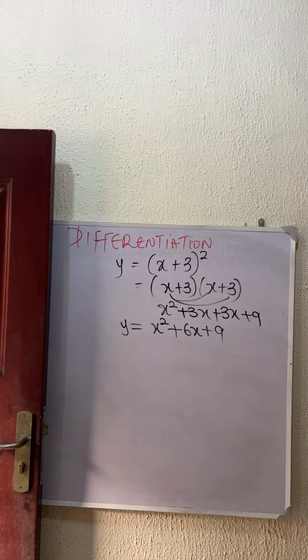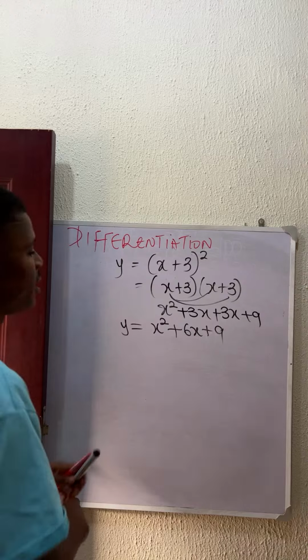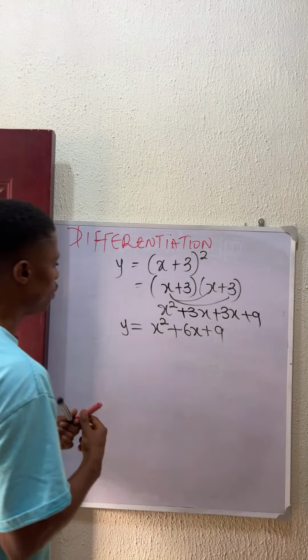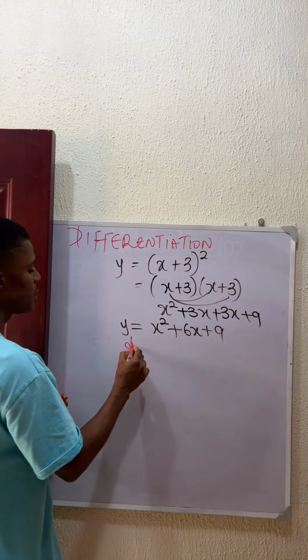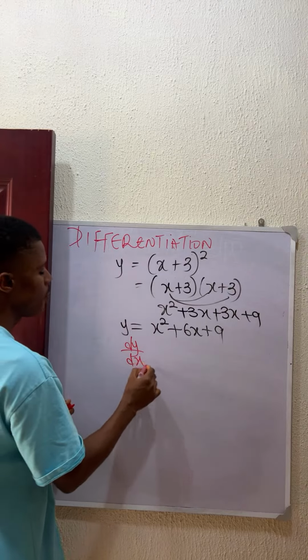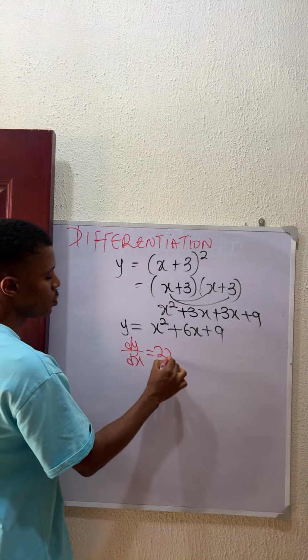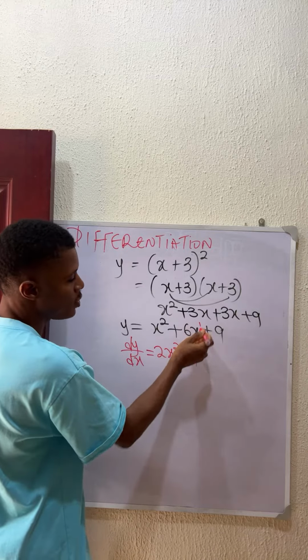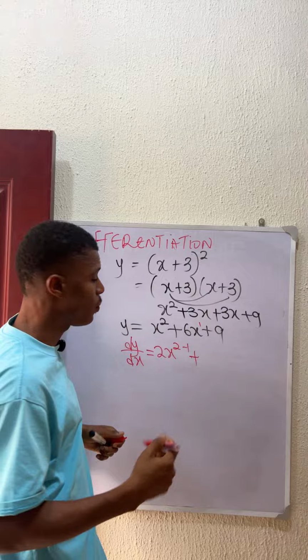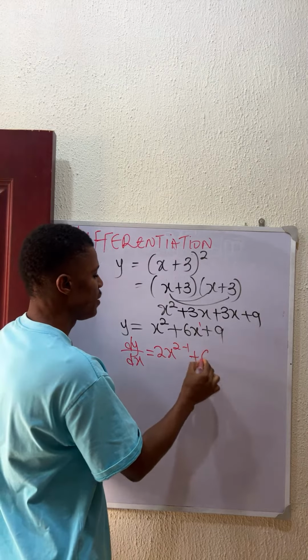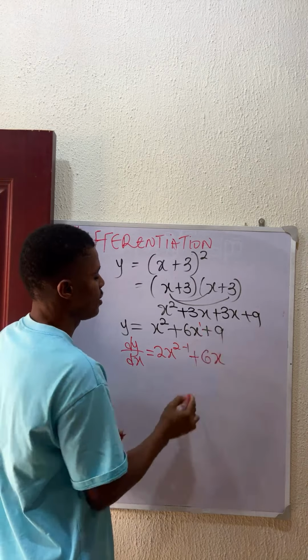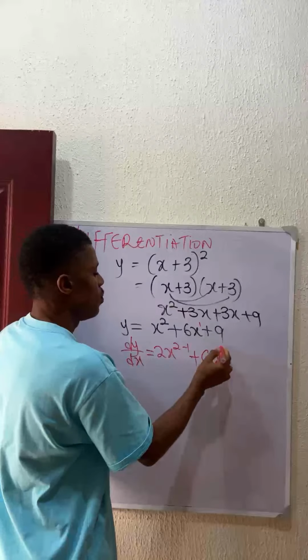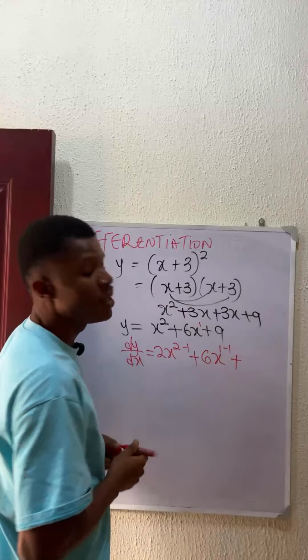Then since you are trying to differentiate this function with respect to x, now you can simply apply the rule. If you apply the rule, you get it very well. So you multiply 2 to x to the power 2 minus 1, then plus, the power here is just 1. When we have a power of 1, we don't multiply. So you have it as 6x to the power 1 minus 1, then plus.